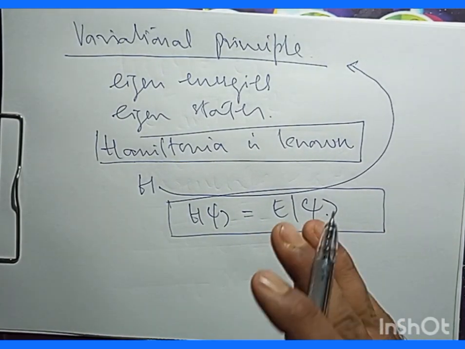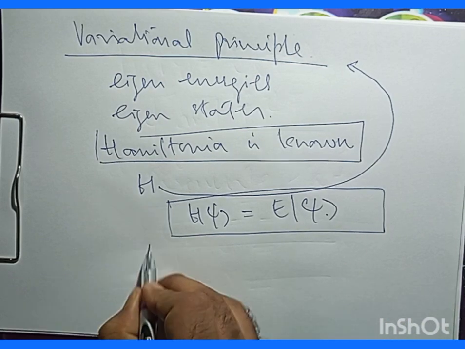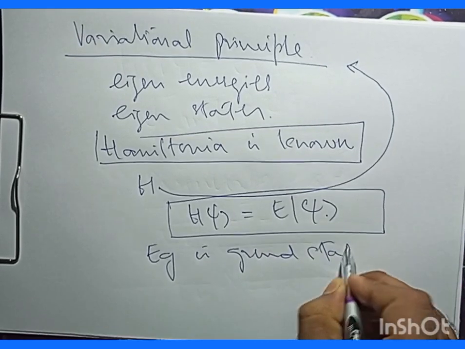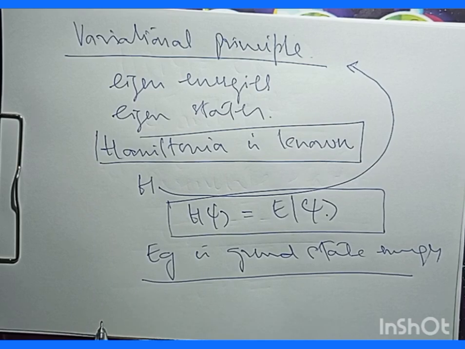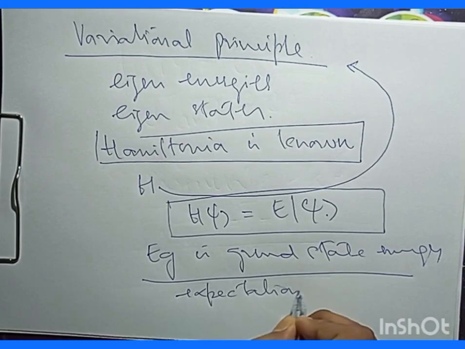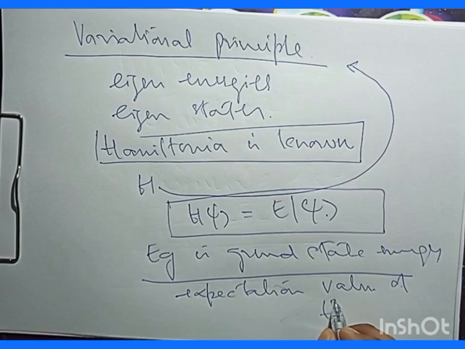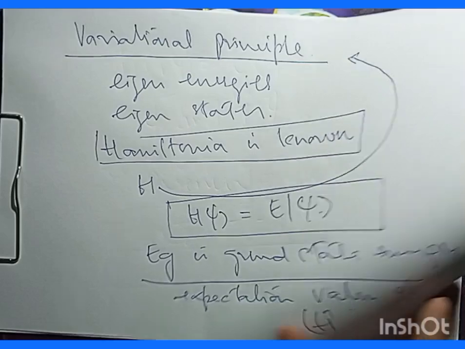And according to this principle, if I assume that Eg is the ground state energy, then in view of this principle, the ground state energy of the system is simply the expectation value of the Hamiltonian in a normalized state.